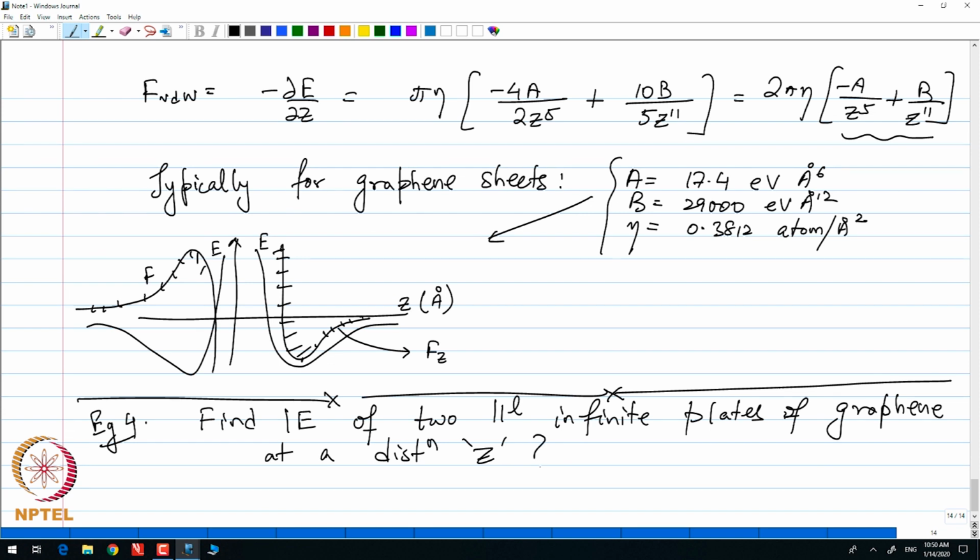So, the graphene sheets are separated by a distance z, right.